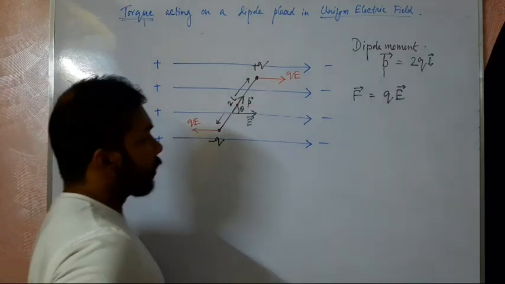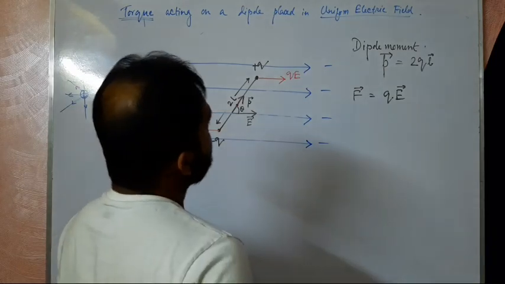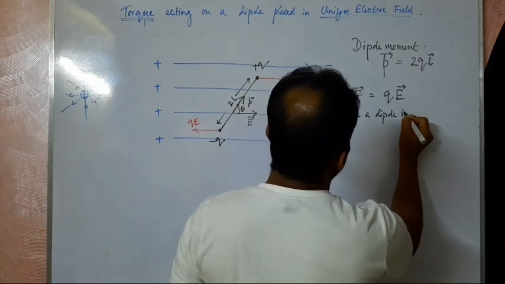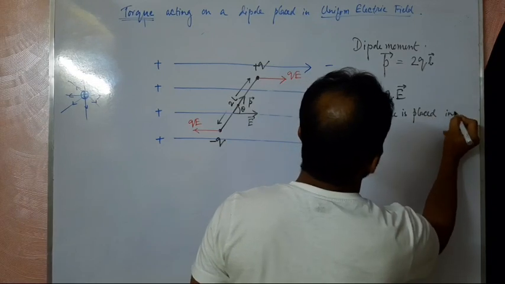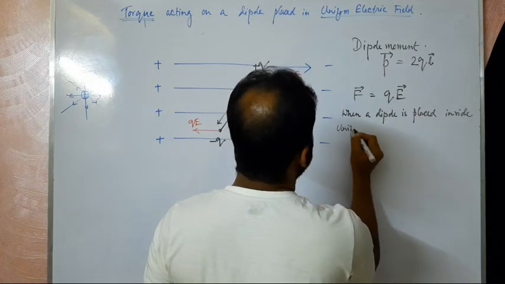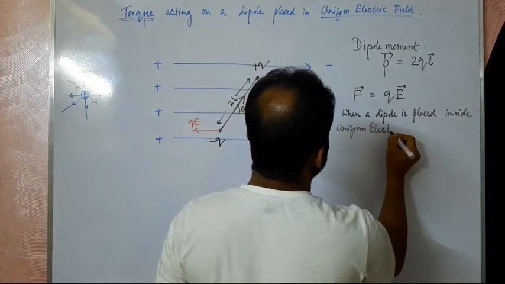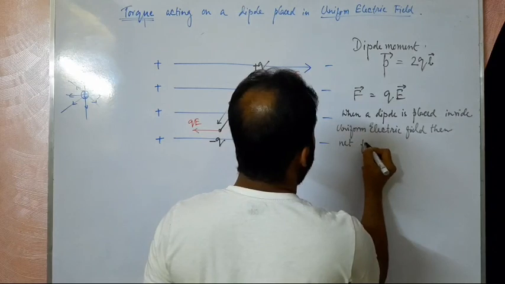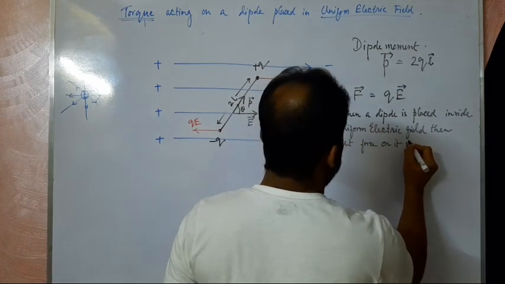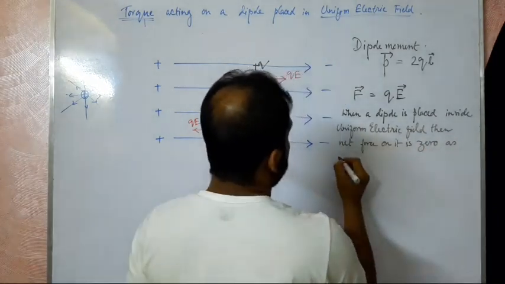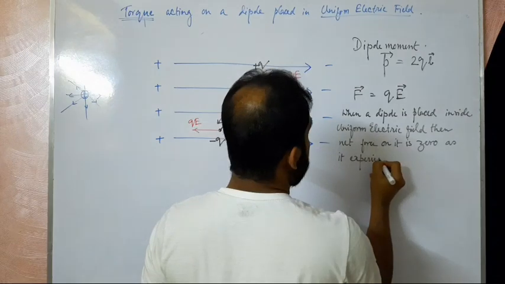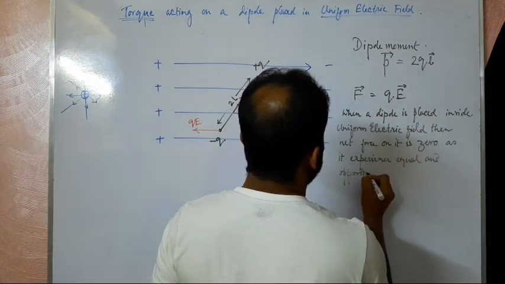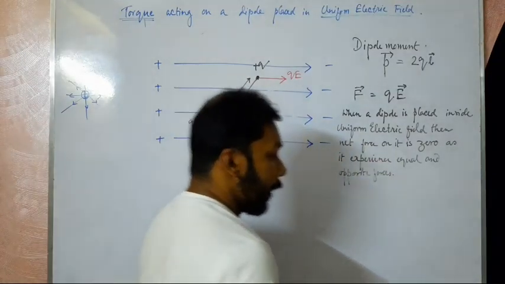So it is a very important thing to remember that when a dipole is placed inside a uniform electric field, then the net force on it is 0 as it experiences equal and opposite forces.